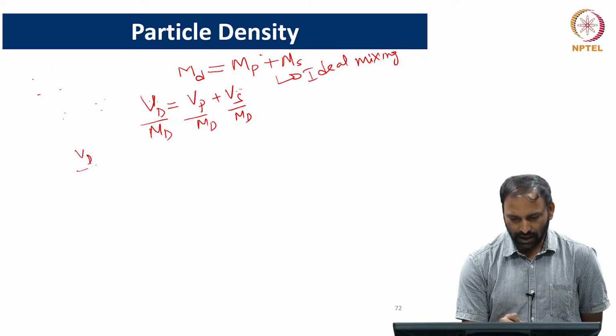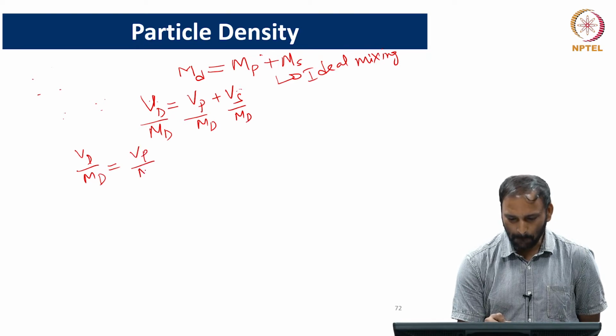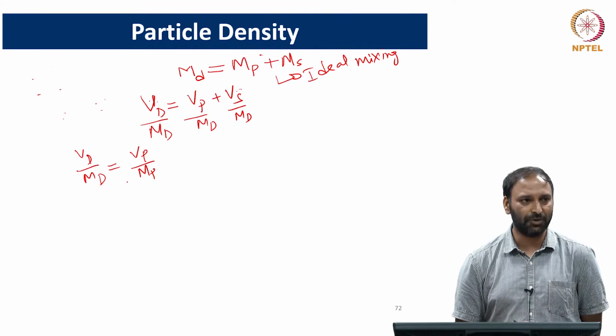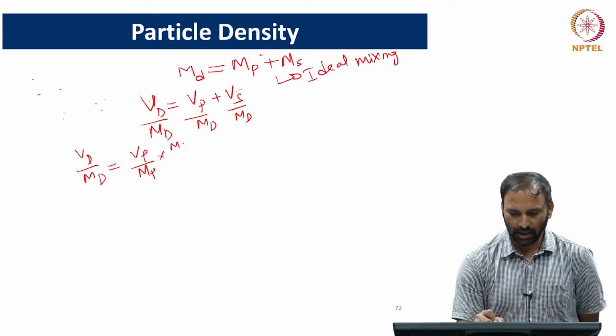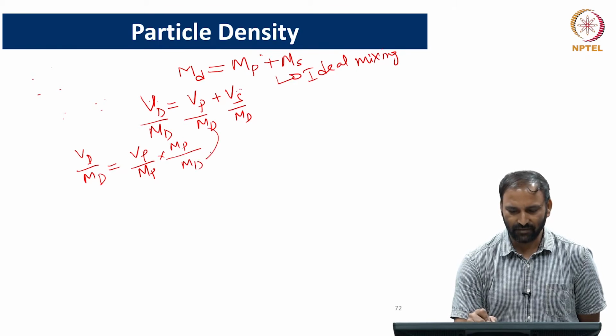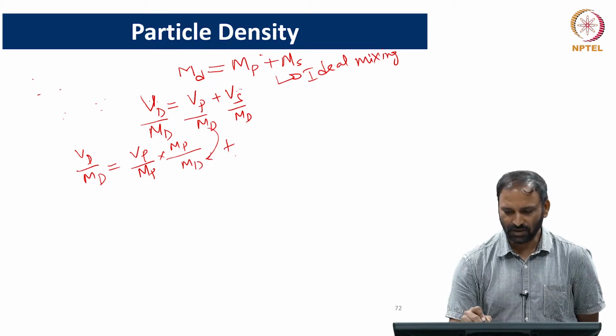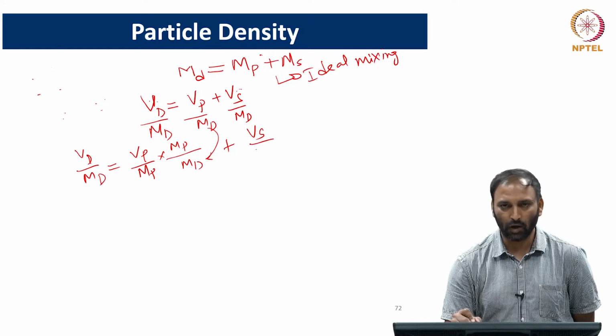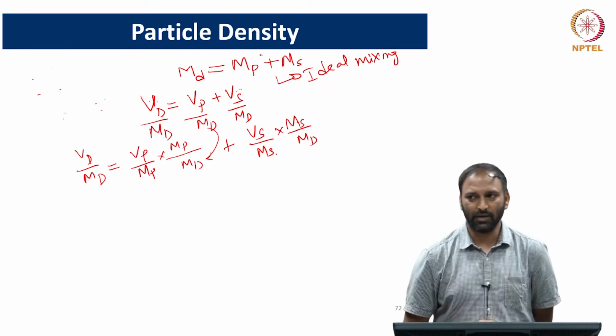Vd by md is equal to Vp, divided by the mass of the particles and multiplied by the mass of the particles divided by md, plus the volume of the solvent divided by the mass of the solvent, multiplied by the mass of the solvent, again divided by md.